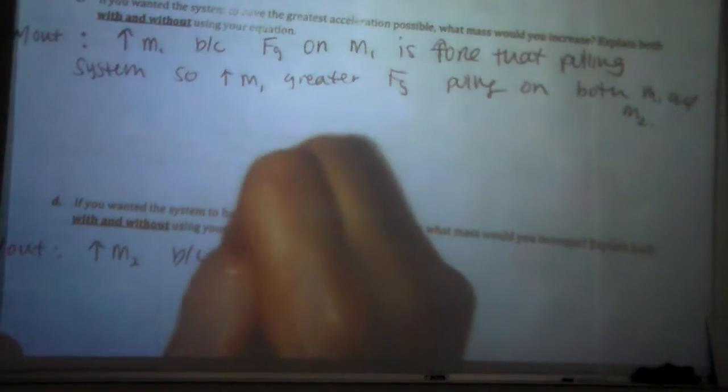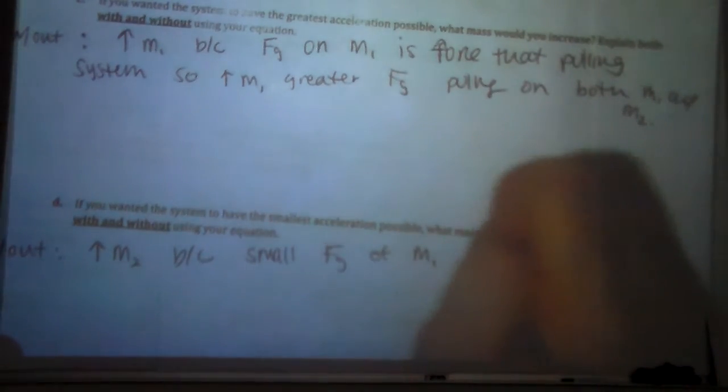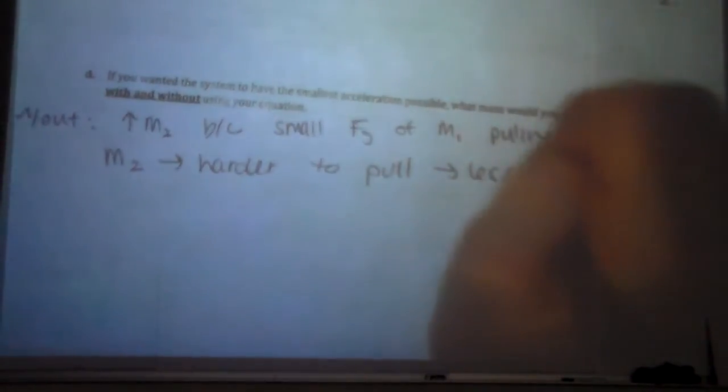So without equations first, I would want to increase M2, because then you would have a small force of gravity of M1 pulling on a big mass 2, which doesn't counteract, but it does provide more resistance. It's harder to pull, which is less acceleration.